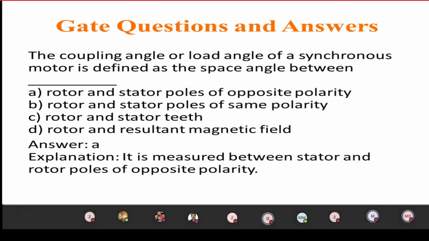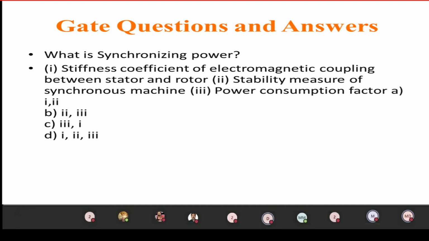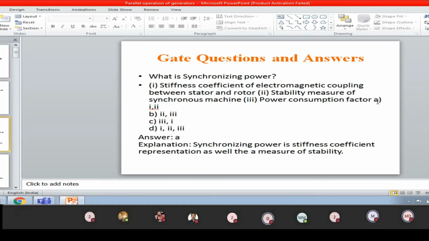Let me move to the next one. What is synchronizing power?